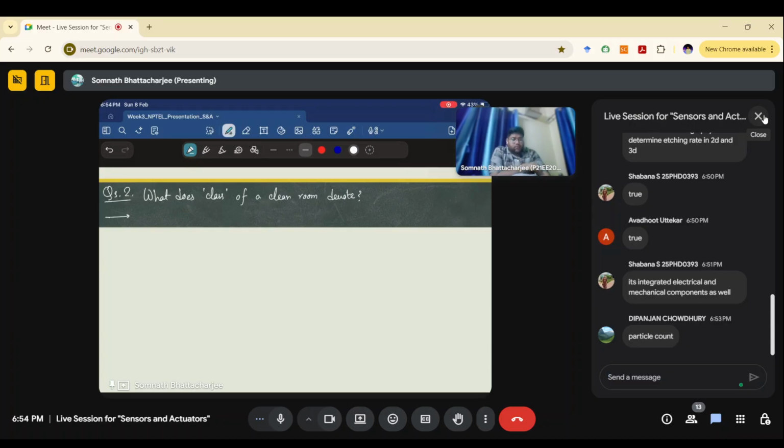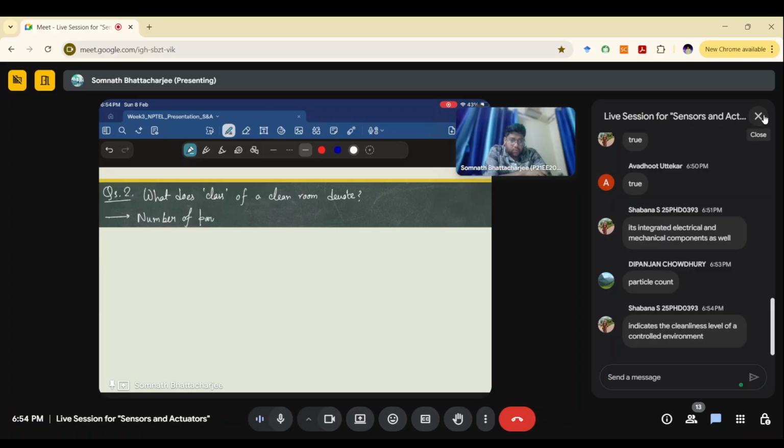Yeah. So it is the number of particles. That part was true. Indicate the cleanliness level of a controlled environment. Yeah, that's true, but on the basis of a quantitative level. His answer was correct. The particle count part was correct, but it was not entirely true. You would need a few more parameters to completely describe the class of a clean room.